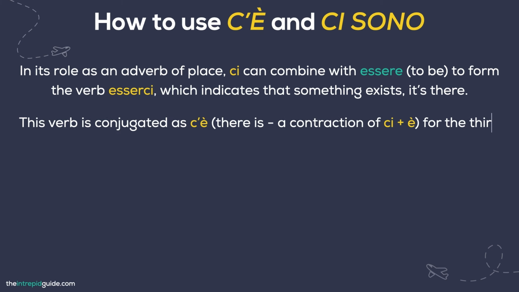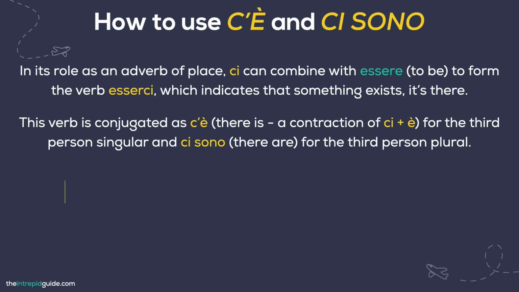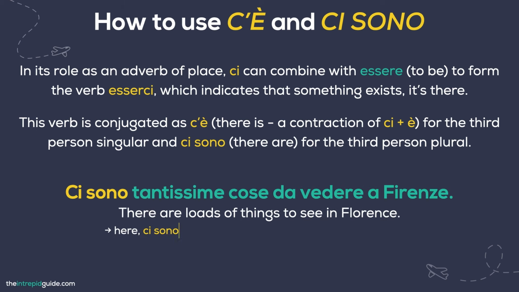This verb is conjugated as c'è, there is, a contraction of ci and è, which are never used separately, for the third person singular, and ci sono, there are, for the third person plural. For instance, in the sentence, Ci sono tantissime cose da vedere a Firenze, there are loads of things to see in Florence, ci sono indicates the presence of many things to see.